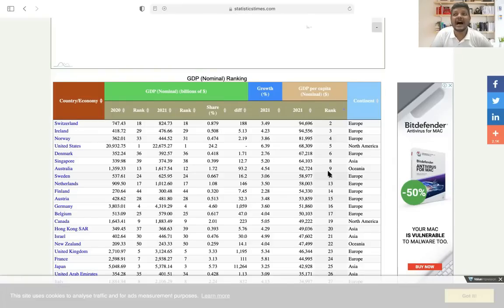Qatar is the world's largest exporter of LNG, liquefied natural gas. It's a very tiny country, much smaller than many European, Indian or Asian cities. But it's the world's largest exporter of so many things.